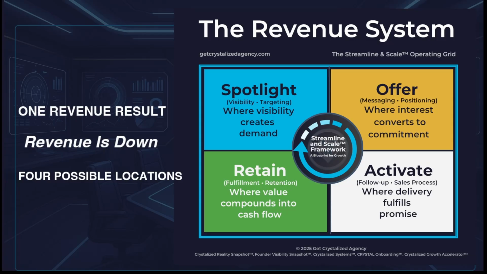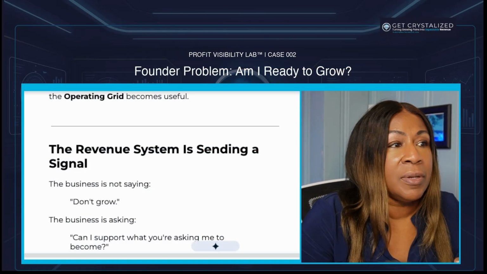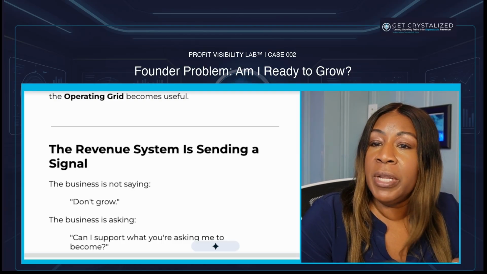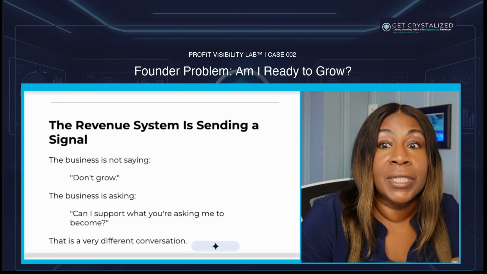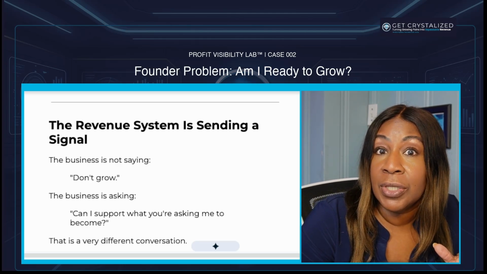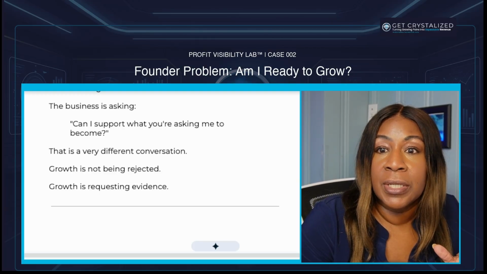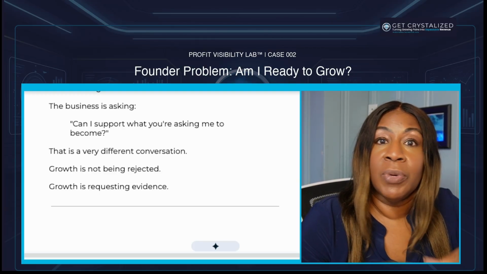So it looks like the revenue system is sending us a signal, right? But it's not saying don't grow. It's saying, can we support what you're asking the business to do? Okay? This is a very different question. Growth is not being rejected.